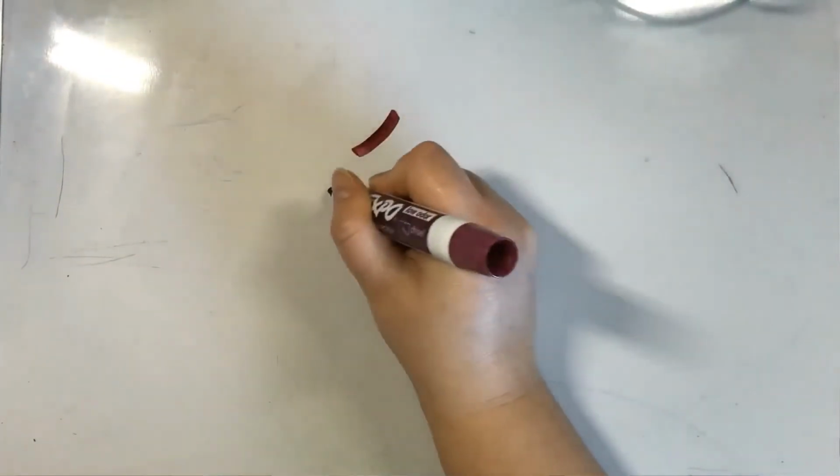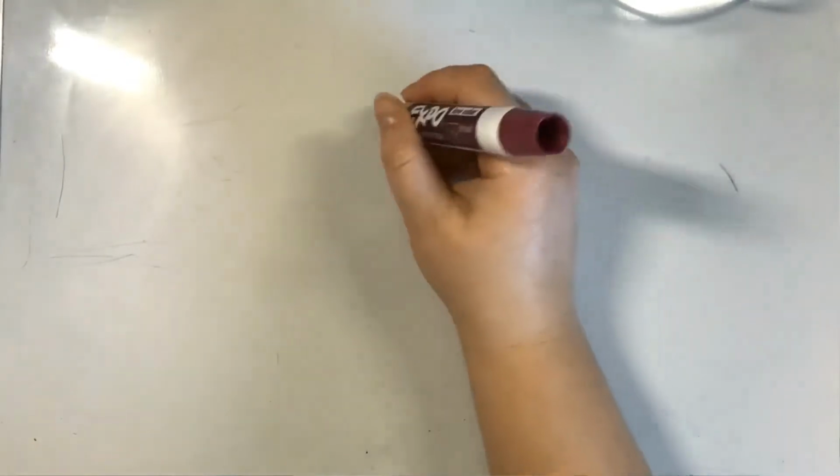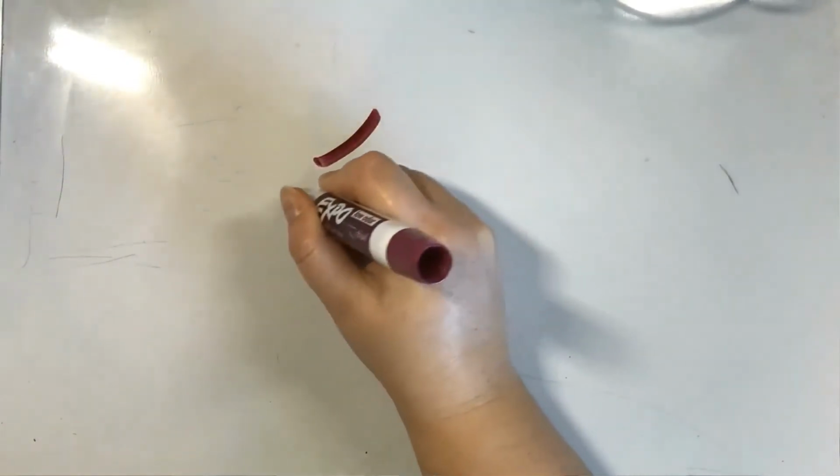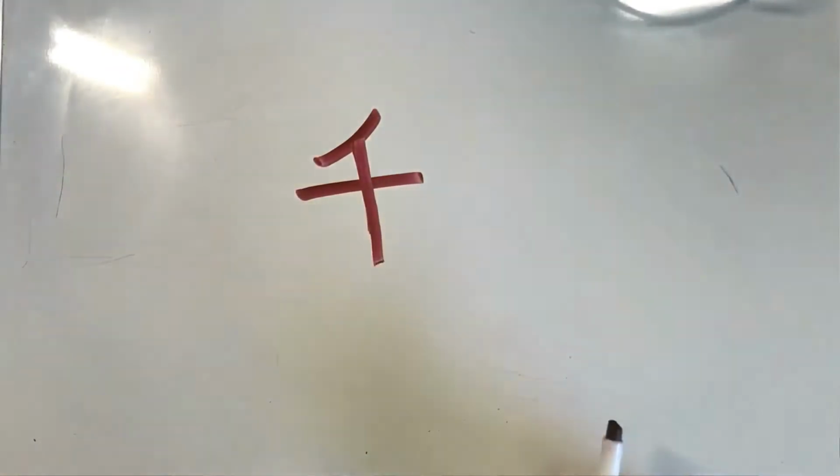Down and across, and through. One last time: down, across, through. Okay, and that is chi.